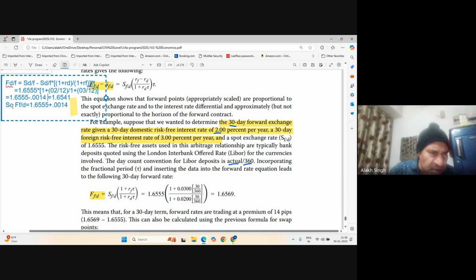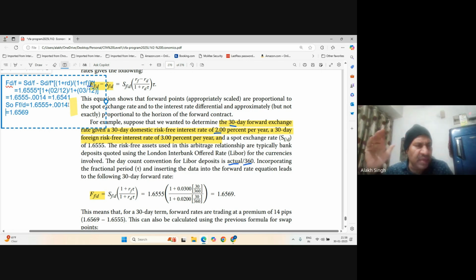And for F by D, we will add that, and that becomes 1.6569. So that is what all this mathematics is.